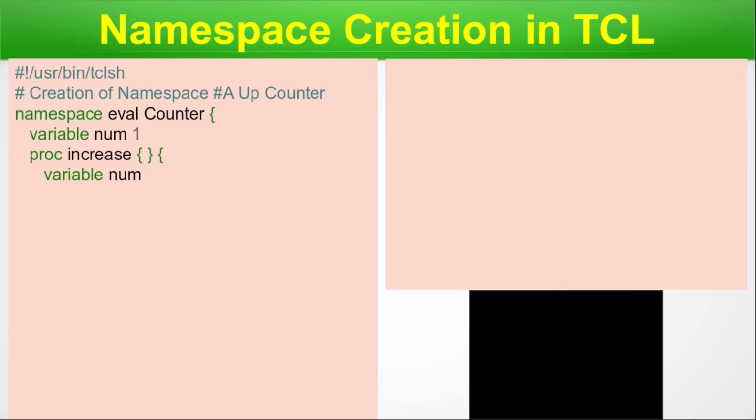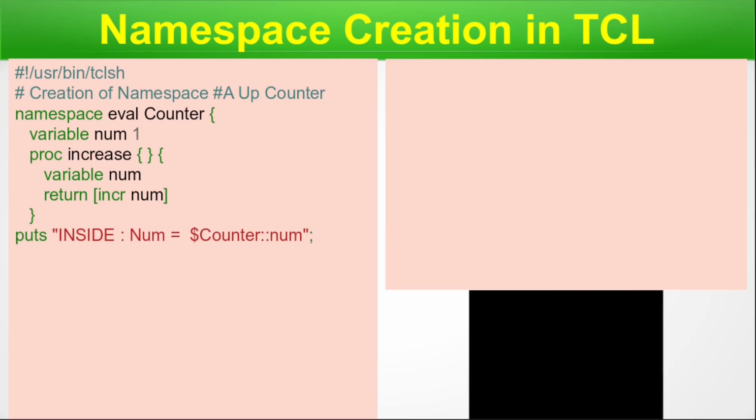We write variable num. We write return incr num. So this incr will increase the num variable by 1. And thus we are done with the coding inside the procedure, and we close the proc block. So here we have both the data, that is the variable, and the corresponding function, that is the procedure here.